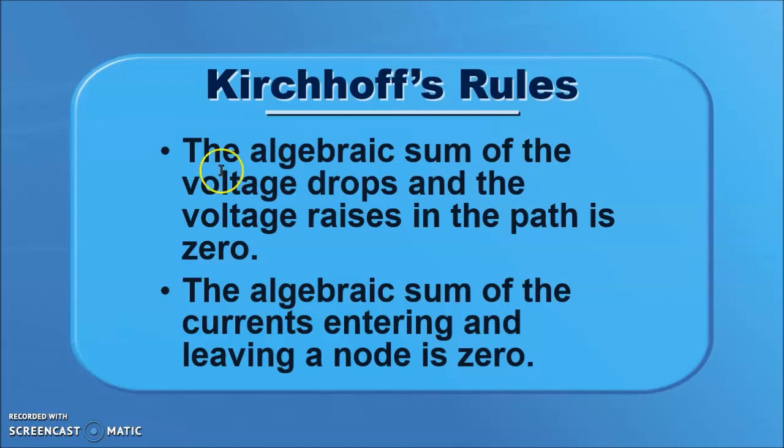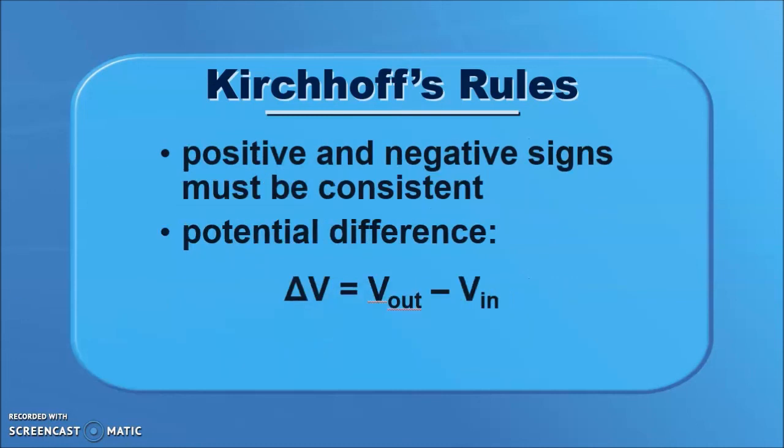So this is the same thing. These two rules are the same things, just kind of restated. Now, positive and negative signs must be consistent whenever you talk about this, meaning if you are saying that a voltage is positive going one way, it has to be negative going the opposite way. Just make sure you're consistent. So the change in voltage is equal to the voltage out minus the voltage in.